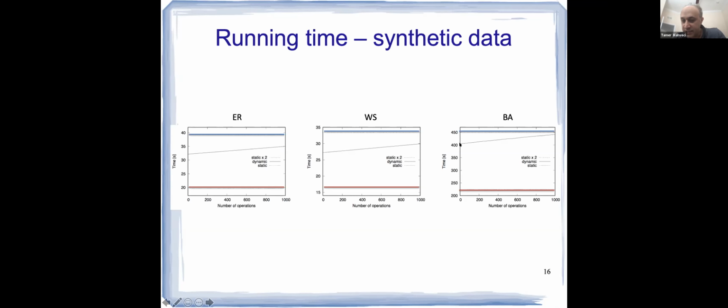The cost you see for Barabási-Albert is slightly more, relative to the red and blue lines, than for the Erdős-Rényi and Watts-Strogatz models. This is because in the Barabási-Albert model, the nodes are well connected to each other. There are going to be some hubs.